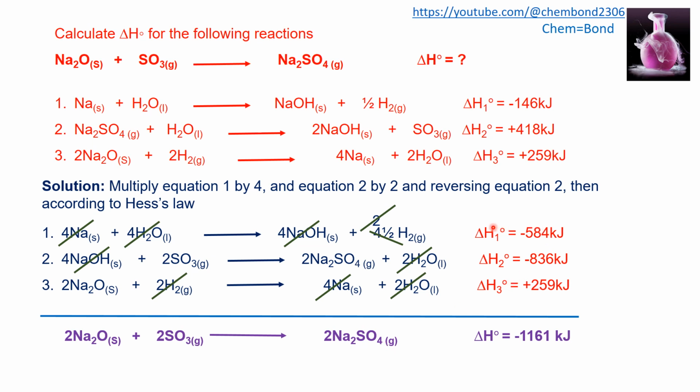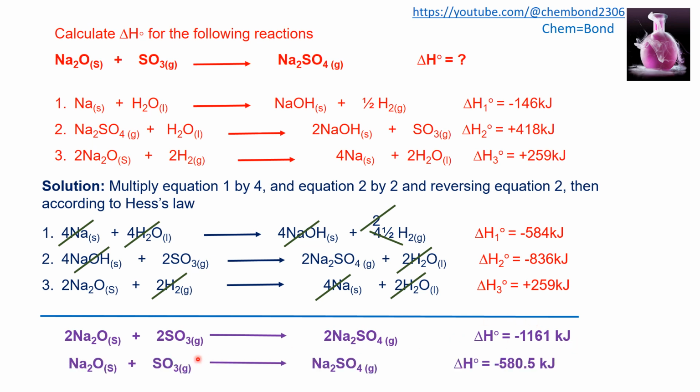Now summing these 3 enthalpies, we will get minus 1161 kilojoule. Now here 2 moles are present and we will convert it into per mole. So we will divide this whole equation by 2, including the enthalpy.